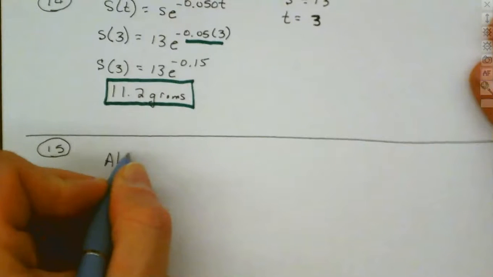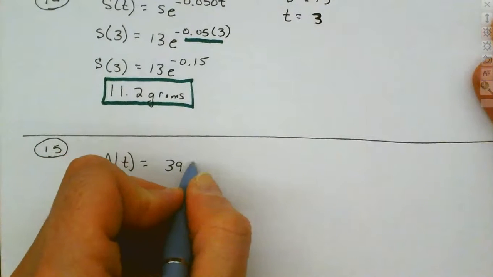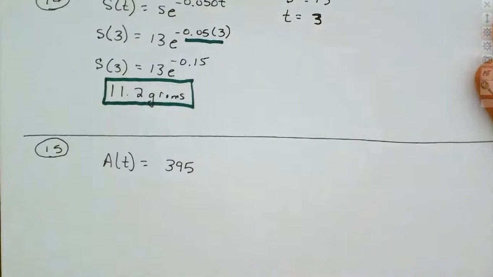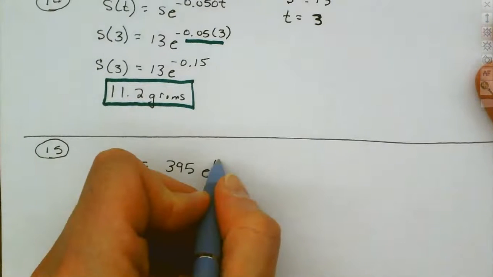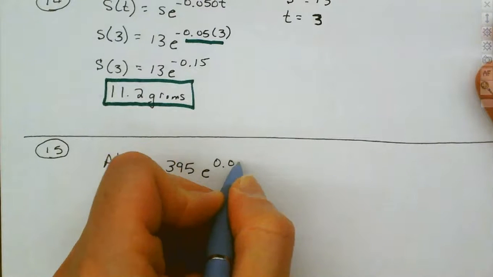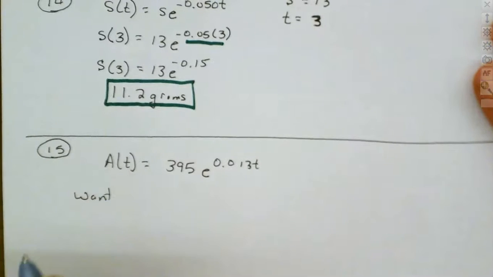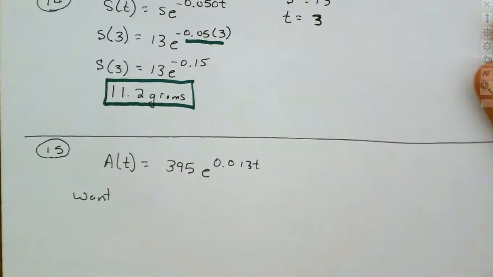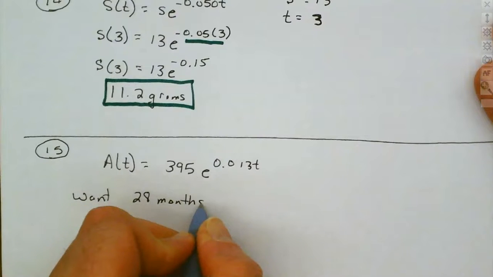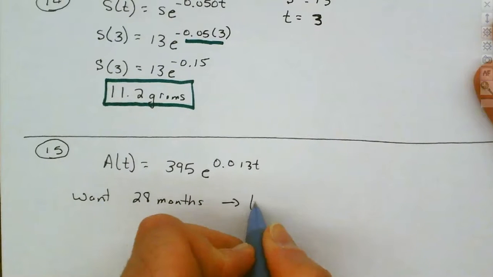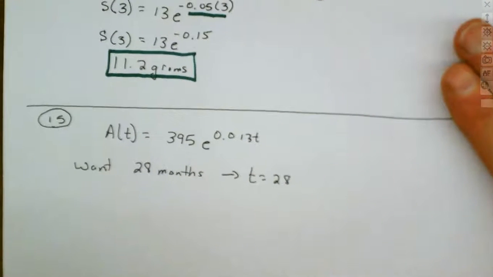A of t equals 395 e to the 0.013t. And we want, in this case, 28 months. So that would mean then my t is going to be what? My t is 28. So I plug that in.